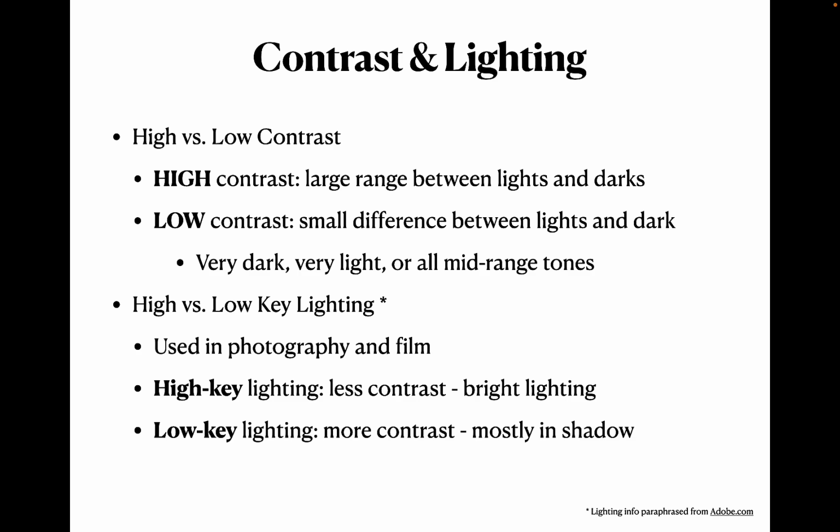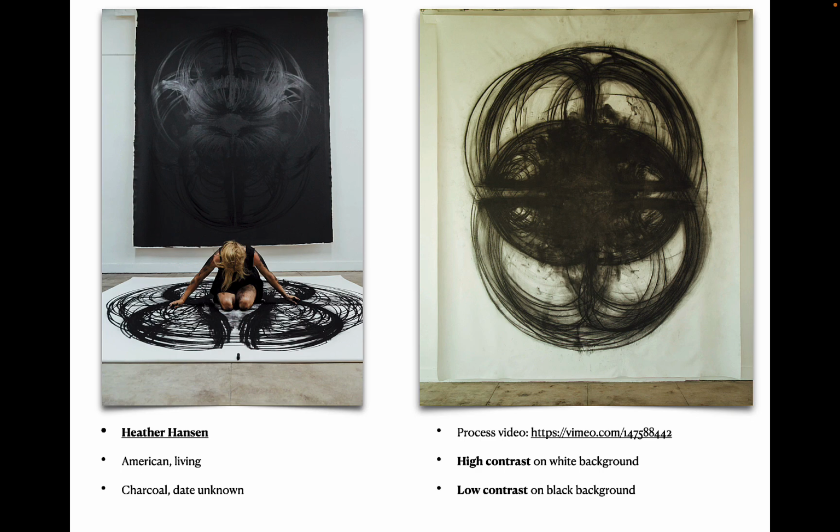High key lighting is less contrast, and it's usually used with bright lighting, like think of commercials on TV, or a comedy would always be in really bright lighting with not a lot of shadows. And then low key lighting is usually more contrast, and it's usually considered mostly in shadow. Don't worry, we'll look at examples so you can start to understand all of this.